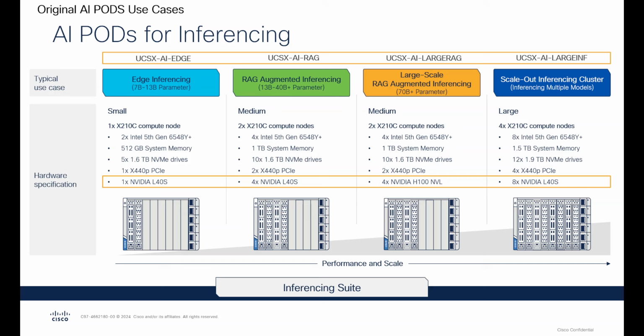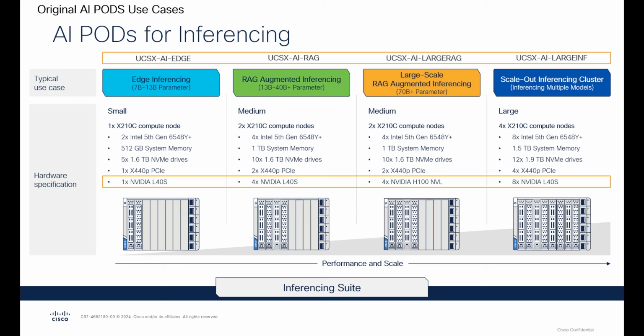So the main things that I want you to notice on this slide, I already mentioned to you the SKUs up at the top. You're also going to notice the different types and quantities of GPUs aligned to each SKU or use case in the middle, right? And there's also images of the chassis and the number of compute and GPU nodes installed for each SKU, so you can get a sense of what's low end or has little hardware versus relatively high end where the chassis is fully populated.